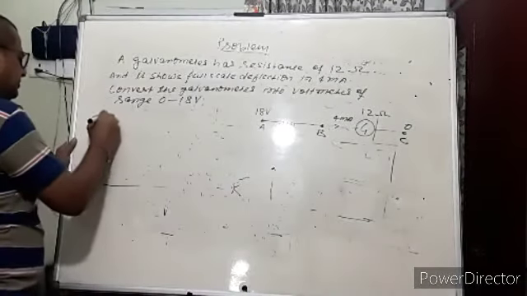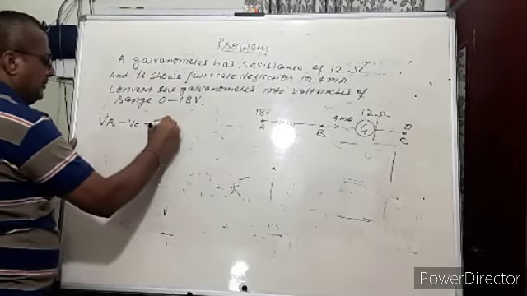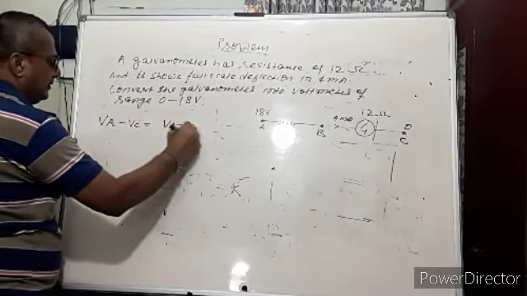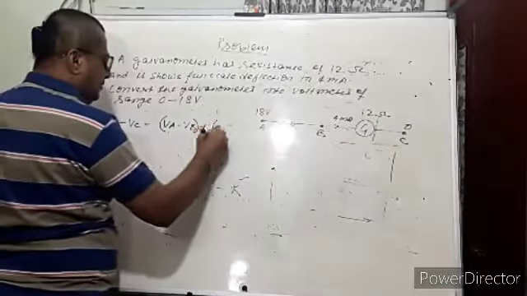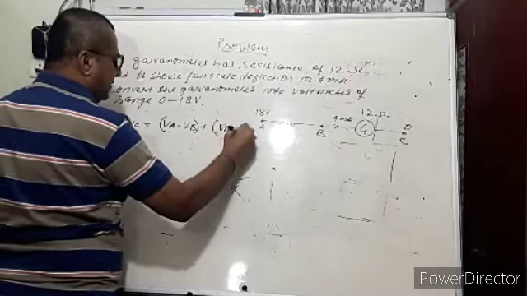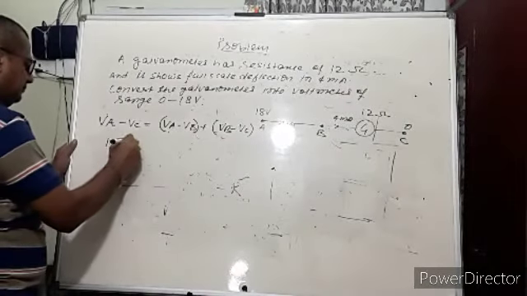VA minus VC is equal to VA minus VB plus VB minus VC. VA minus VC is given, 18 minus 0.